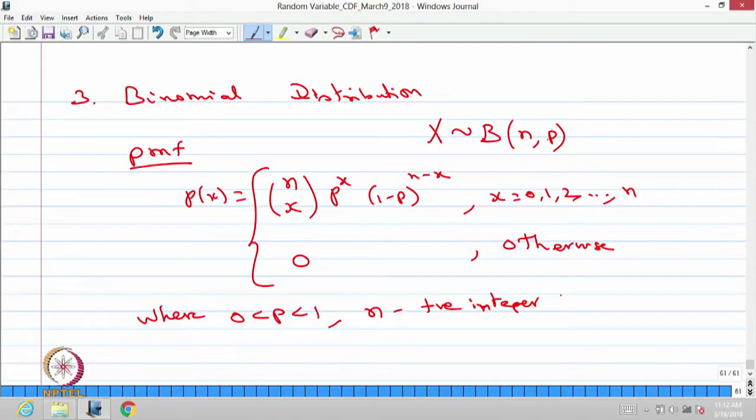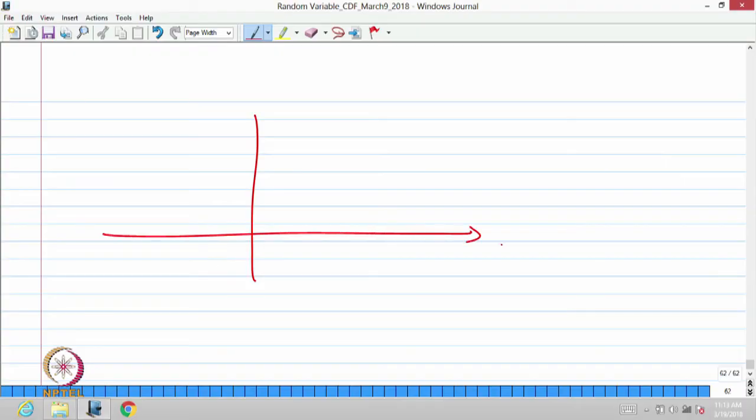So, you can make out the CDF of binomial distribution has n plus 1 jump points, and the corresponding jump values are ncx p power x 1 minus p power n minus x. So, this is a discrete type random variable. So, you can see the CDF at x is equal to 0, it is a first jump.